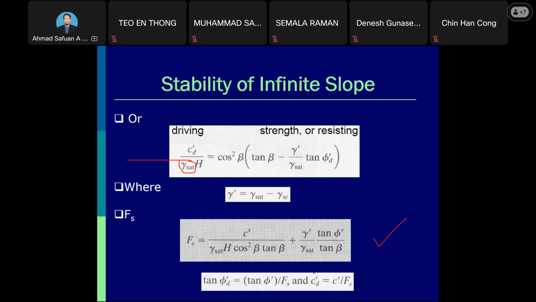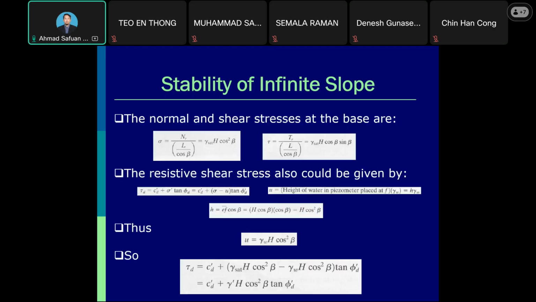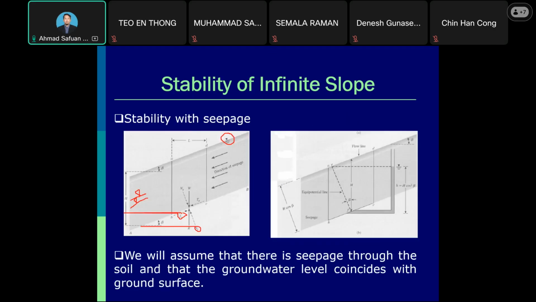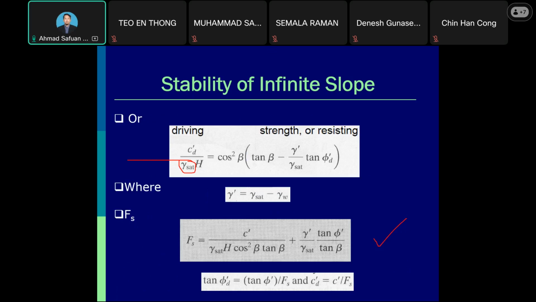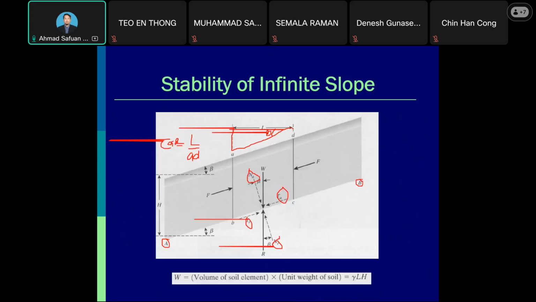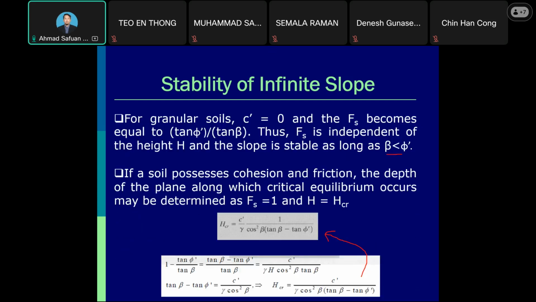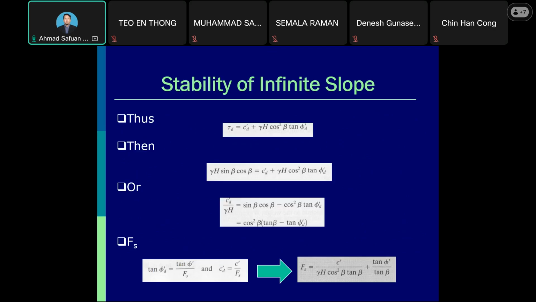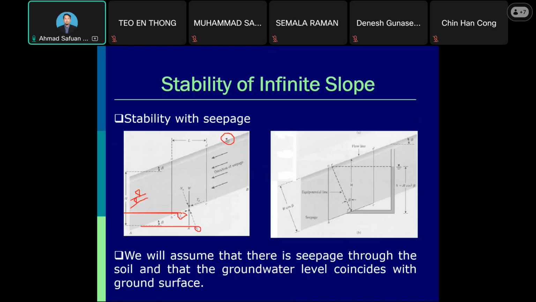So what should we do when we deal with this kind of situation? We could not use this simplified equation since the groundwater level is not at the surface, and also we cannot use the approach where the groundwater level is far from the surface. That is the limitation of any simplified equations. Although they are very simple to use, they still have limitations.